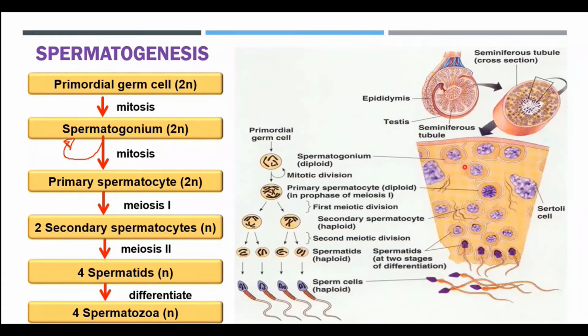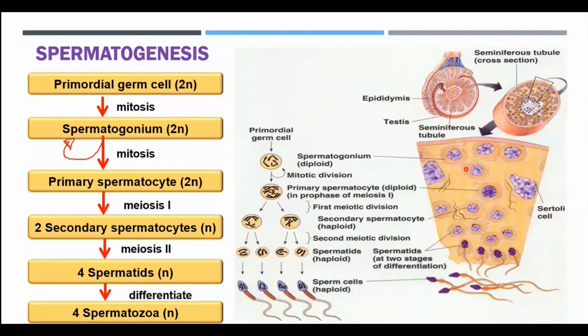This one spermatogonium, which is diploid, will undergo mitosis. You should take note that there is no primordial germ cell in this seminiferous tubule, because all the primordial germ cells have already been converted into the spermatogonia.